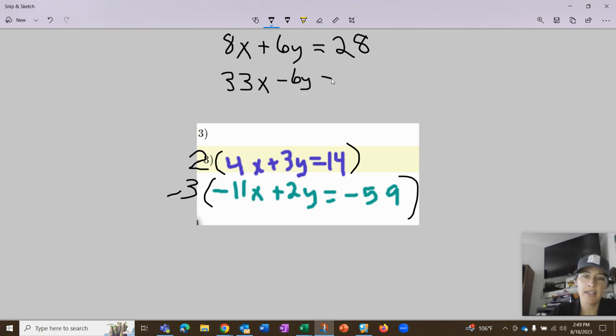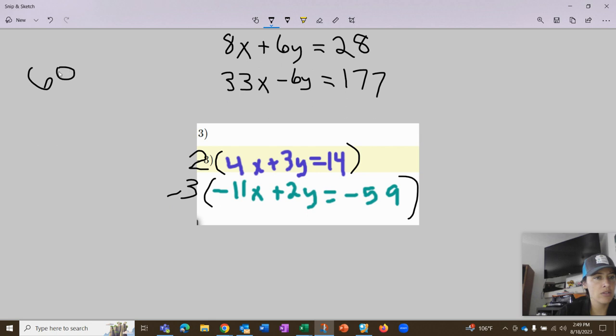Negative 6y equal to. So just a quick thing about number fluidity, number sense. 3 times 60 is 180, but 59 is 1 less. So it should be 177. So you can check it, and then a negative times a negative becomes a positive. So 177. Does that kind of make sense?